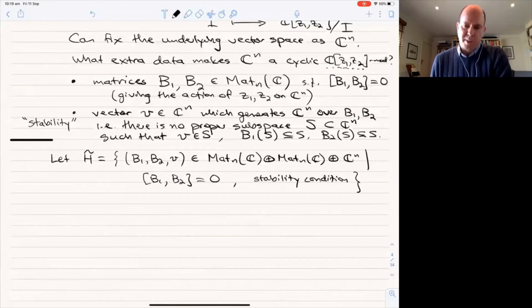And elements of H tilde then define n-dimensional cyclic modules over C[Z1, Z2].